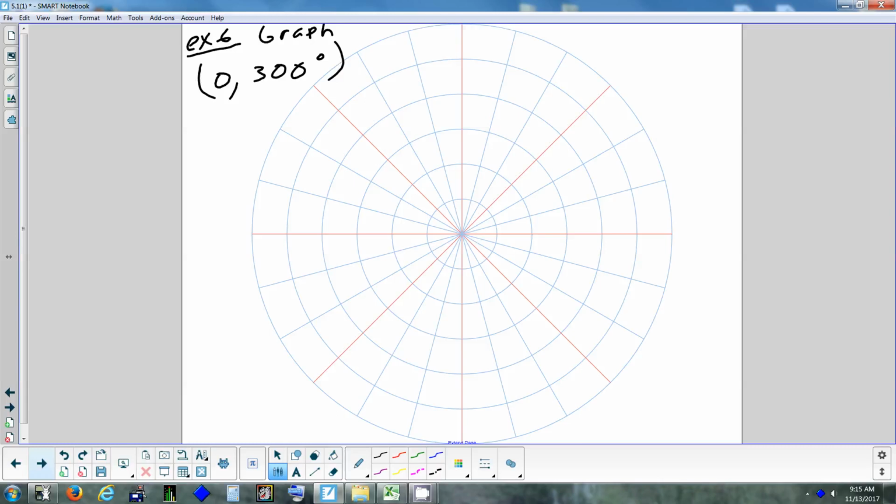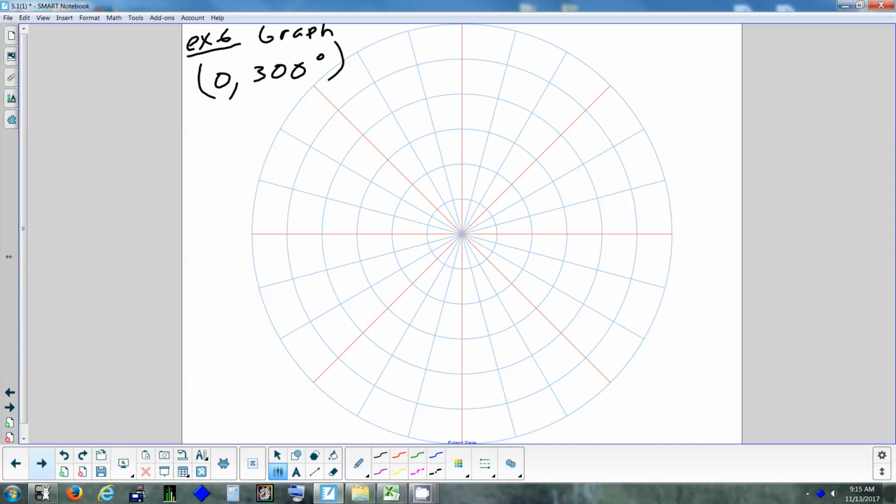Emily? Any thought? You can graph it. It'll end up somewhere. So the first thing is the radius is 0. So how would you start with just that part? Yeah, it would stay at the origin.